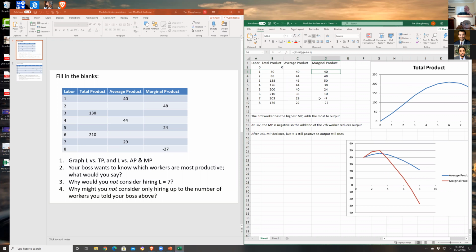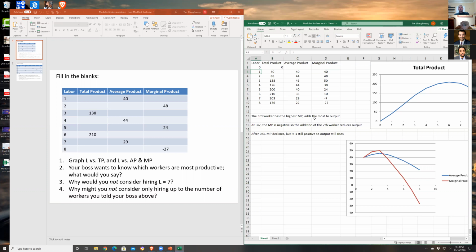And the way that I'm calculating marginal product here is what I call the cheating table way, because I don't have an equation for this. Marginal product is the additional output that's produced by adding one more worker. So the assumption is that if I'm not using any workers at all, then there must be zero output.